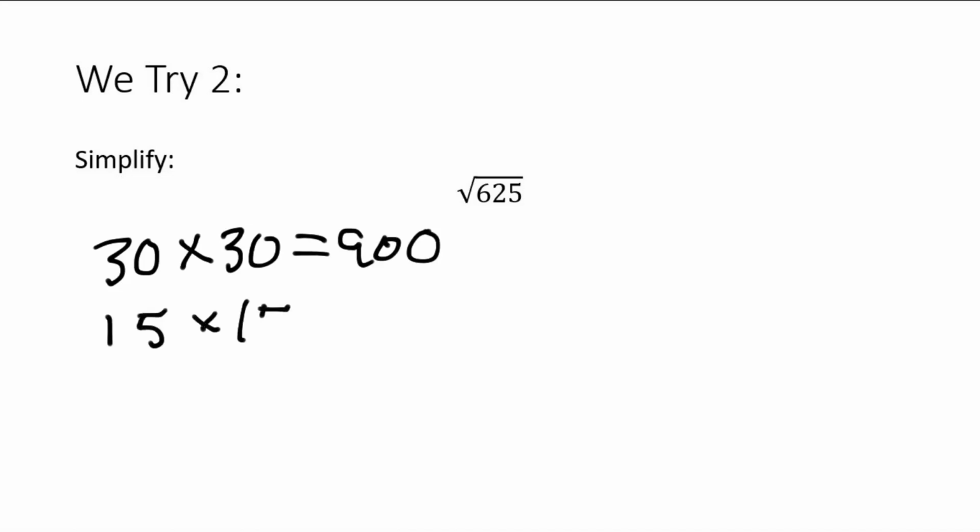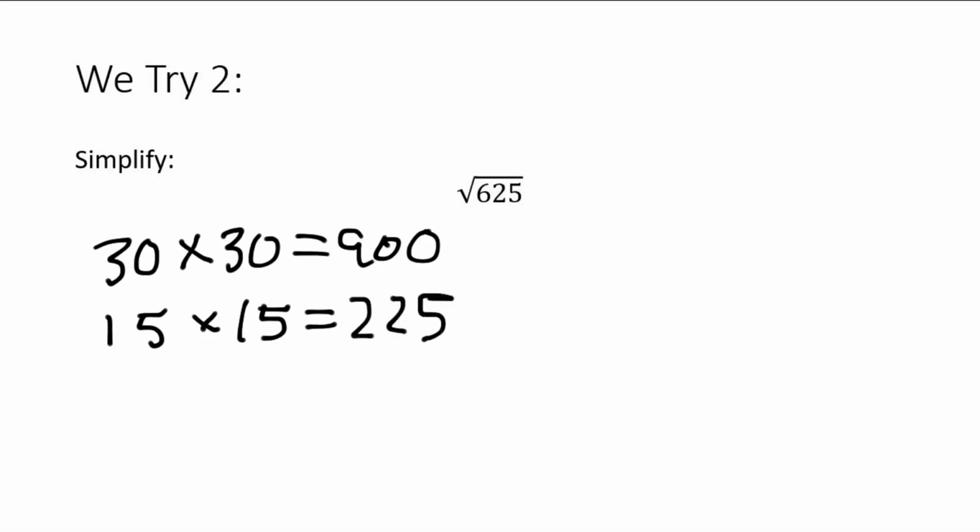So let's try some bigger numbers. Let's try 30. 30 times 30 is 900. Okay, so it's got to be smaller than 30. We've narrowed it down. Okay, let's try 15. 15 times 15 is 225.